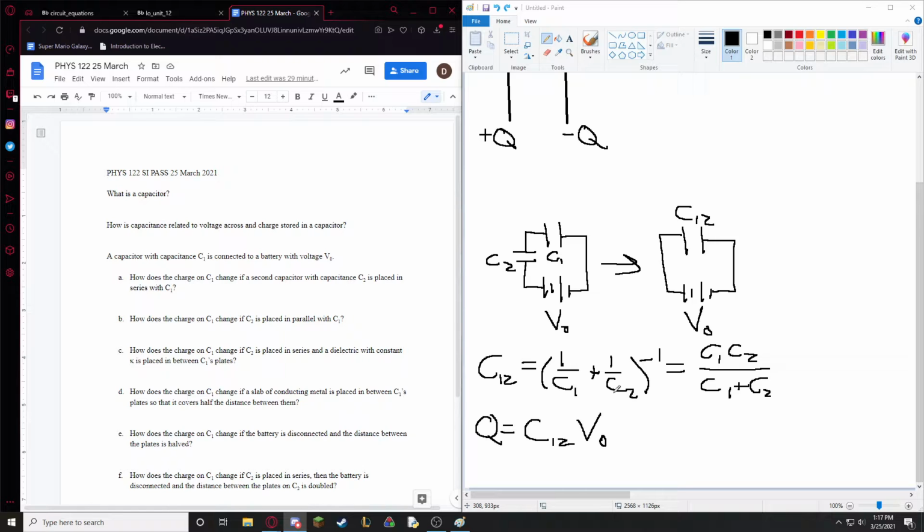So C12 is less than C1. So yes, because the capacitance goes down, the charge would have to go down. Okay, that makes sense. I just have to think about that in my head. Because if you connect two capacitors in series, the total net capacitance is going to be lower than both individually. Mm-hmm. Yeah. Okay.